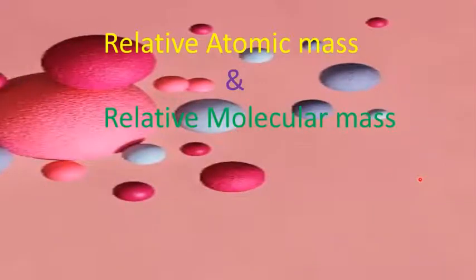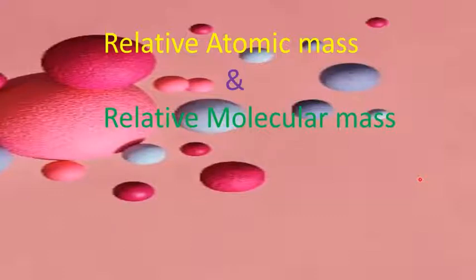Dear students, we know an atom is made up of electron, proton and neutron, where the mass of electron is very less. So the atomic mass of an atom depends on the mass of proton and neutron. So, the sum of the mass of proton and neutron is the real mass of an atom.